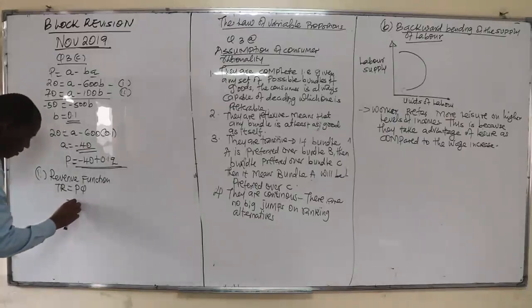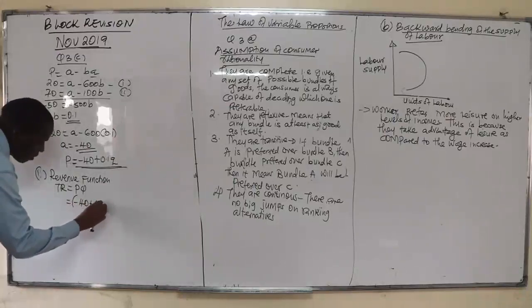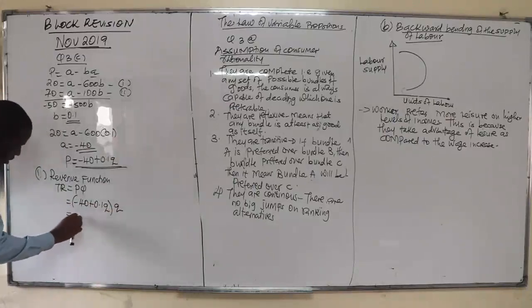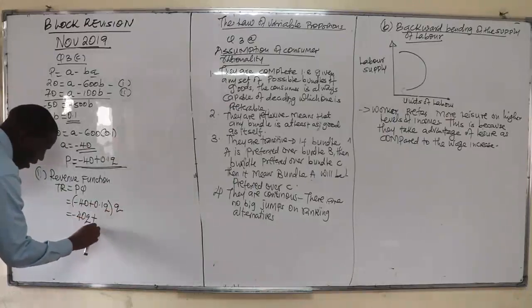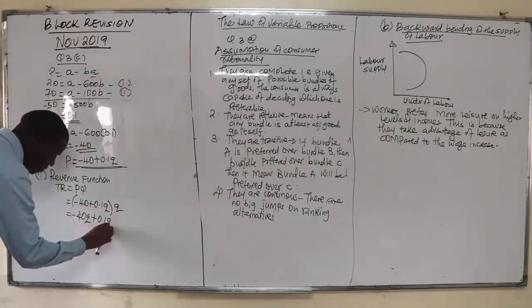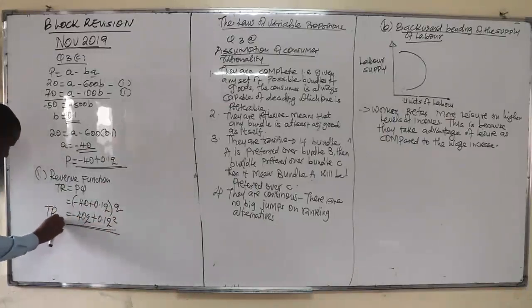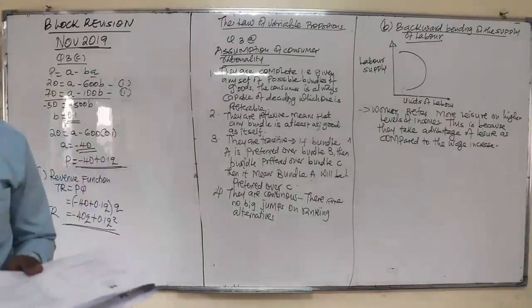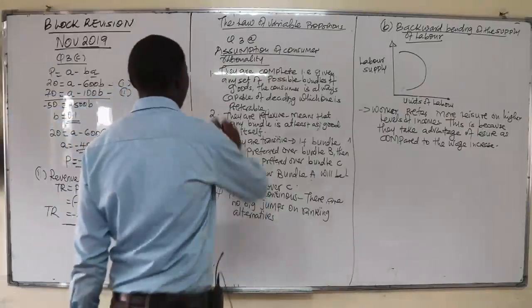This will be negative 40 plus 0.1 Q, multiplied by Q. Therefore, our total revenue function is minus 40 Q plus 0.1 Q squared. That is our total revenue function.